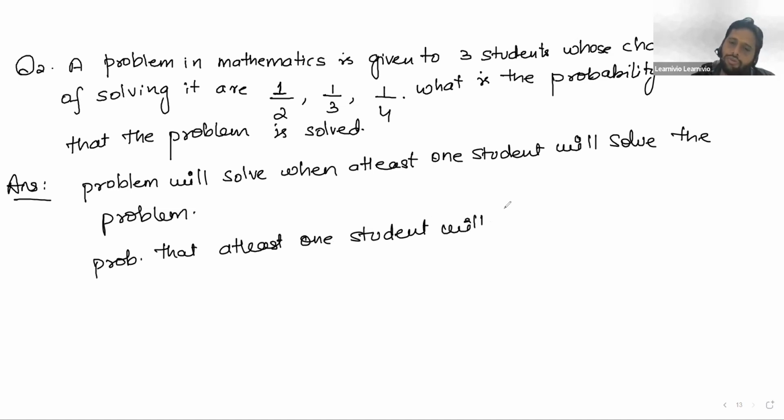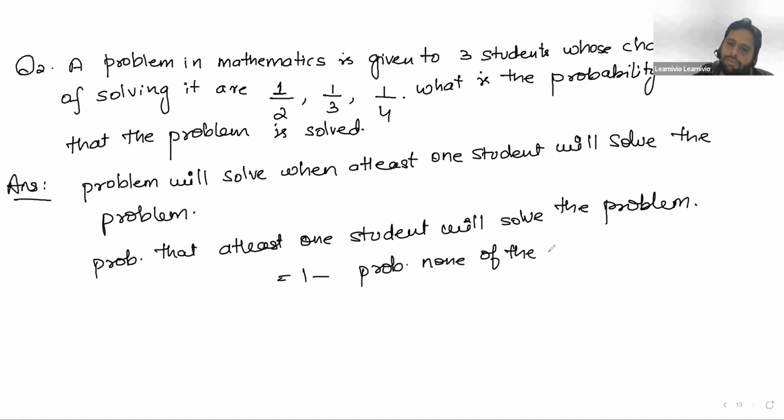So this is equal to 1 minus the probability that none of the students will solve the problem. Okay, now please try this. I will solve this because we don't have the time right now.